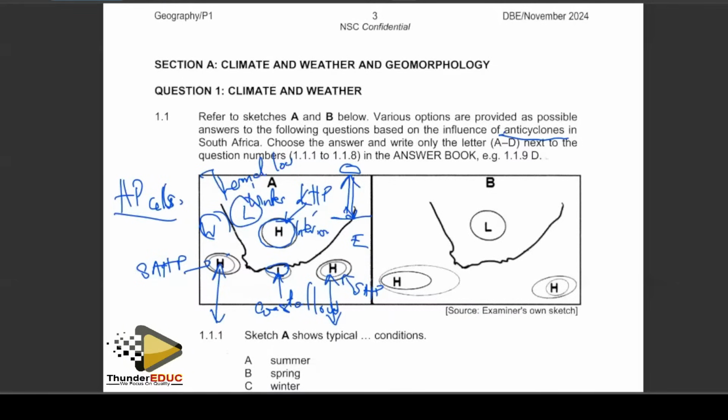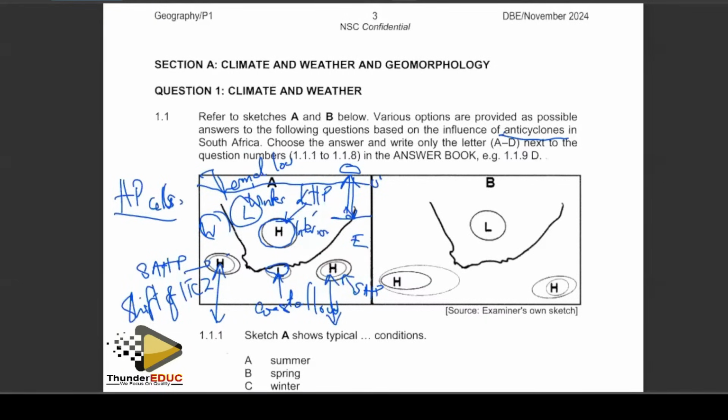And what determines their latitudinal movement is the shift of the ITCZ, the intertropical convergence zone. As the intertropical convergence zone shifts, these cells are also affected, which implies that if it is winter, remember our equator, let's assume our equator is somewhere there at the 0 degrees line of latitude.